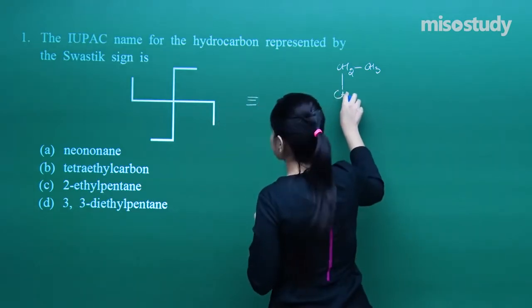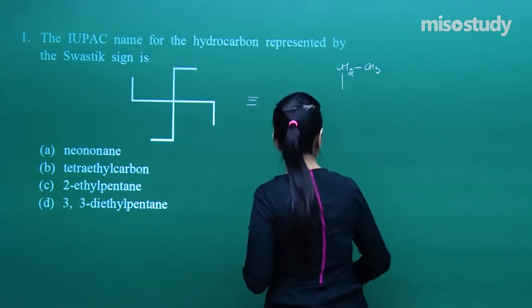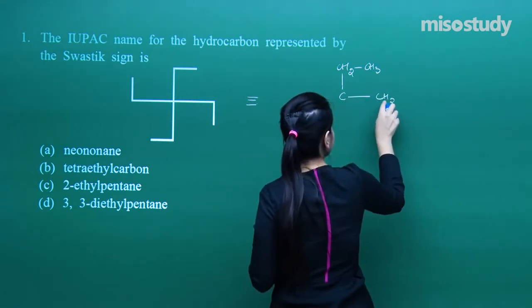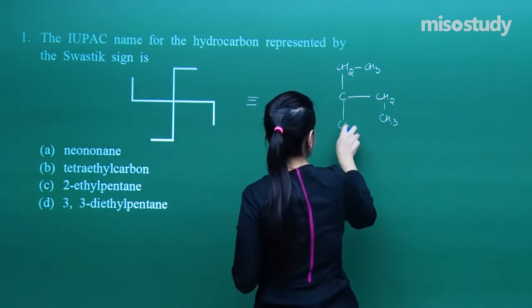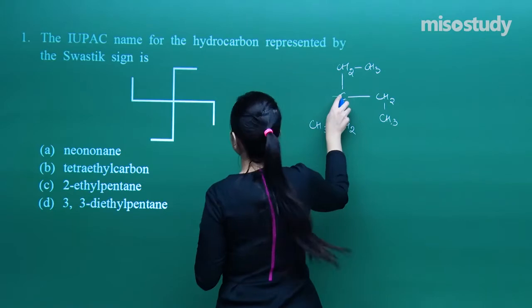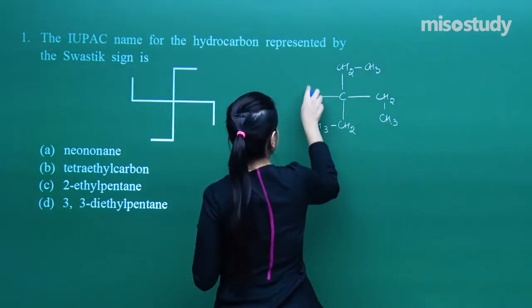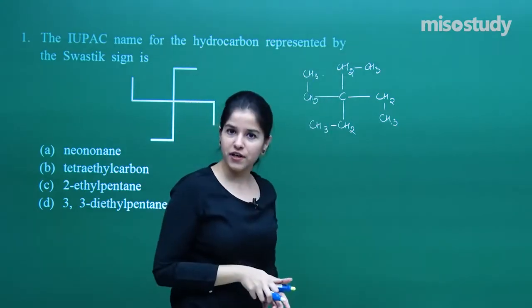So I have got here a carbon in the middle, CH2, CH3. That is how the structure has been made. And again CH2, CH3. So this is the kind of structure that we are getting.